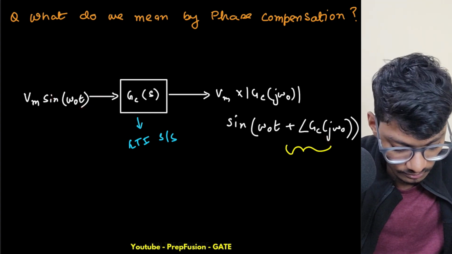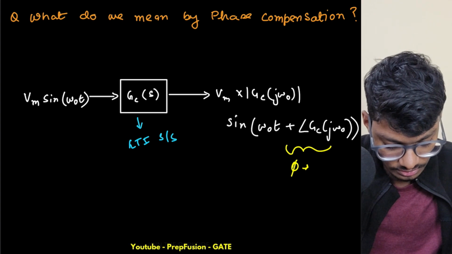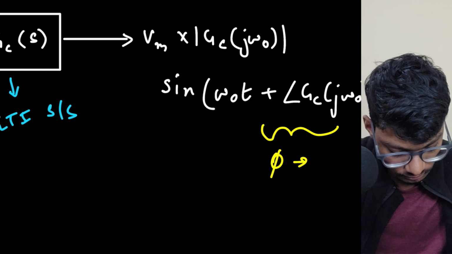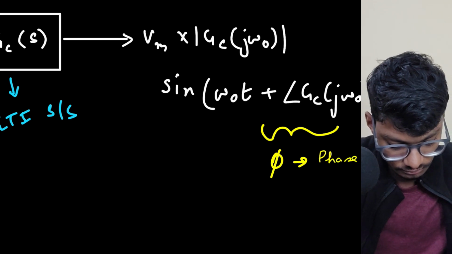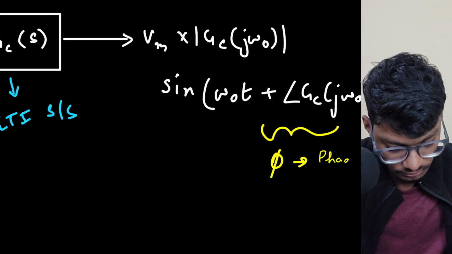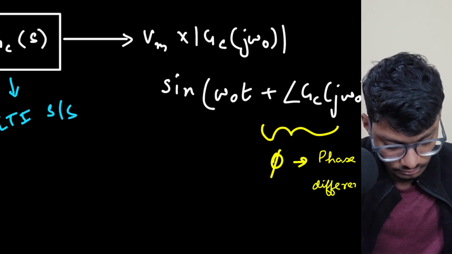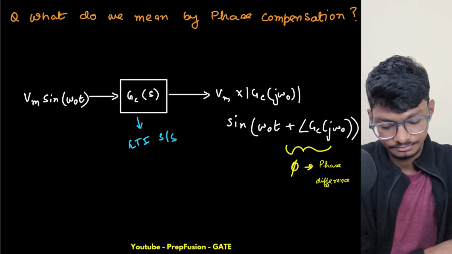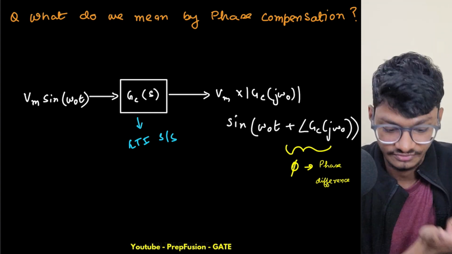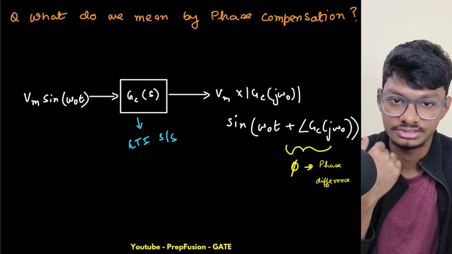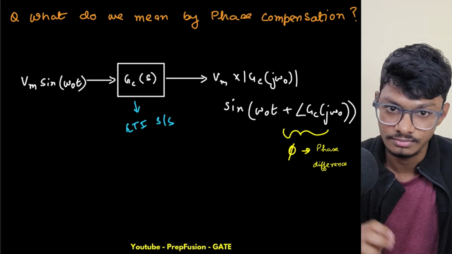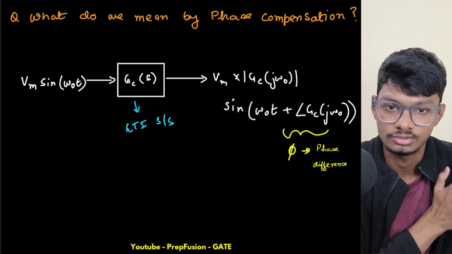So there is some phase difference phi. Many things depend upon this phase. This is the phase compensation that I was talking about. With phase compensation we can change the phase margin of the system, the stability of the system, and other parameters also.